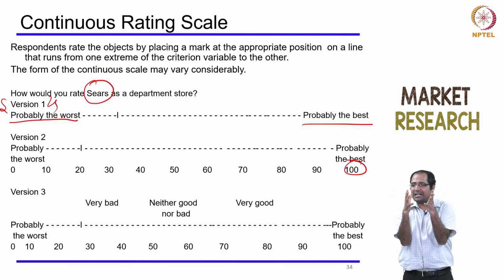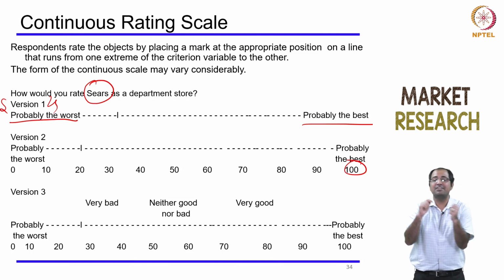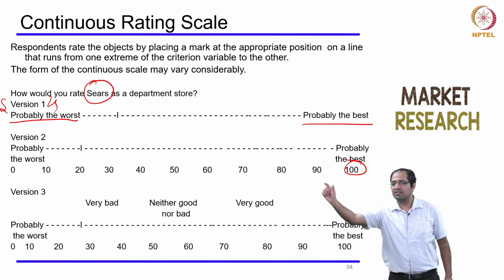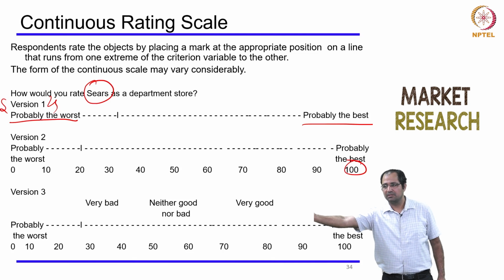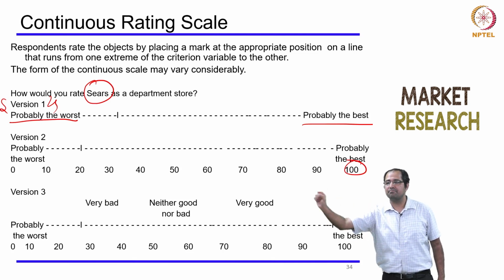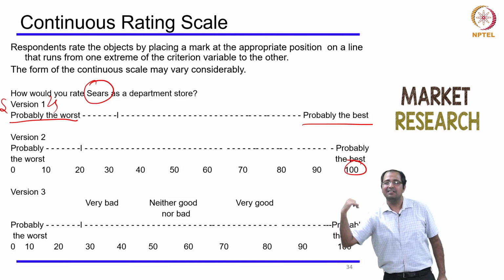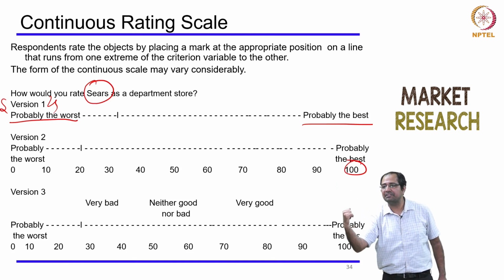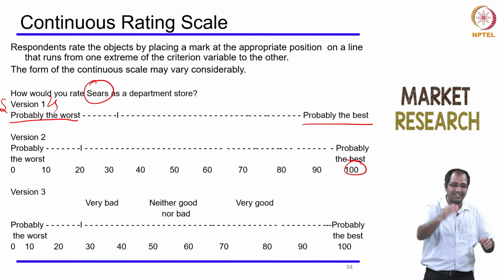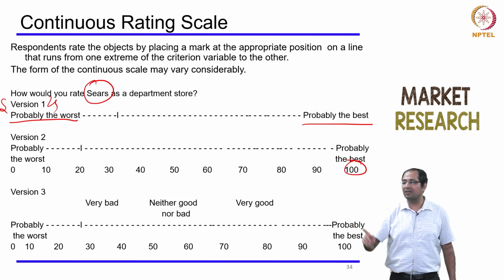If you compare Coke and Pepsi, that becomes a comparative scale. In non-comparative, what will you say? I prefer Coke, from 1 to 5, strongly agree. I prefer Pepsi, 1 to 5. So you will take the reading separately, for Coke first and Pepsi first. You would not say compare. When you say compare, it becomes comparative. When you take one at a time, that becomes non-comparative scaling.